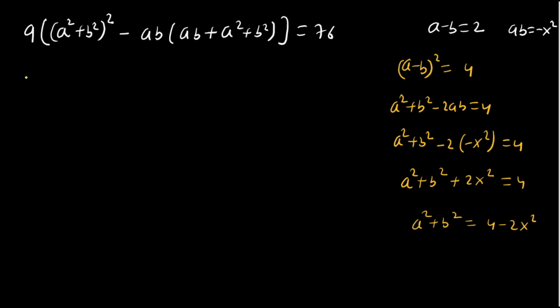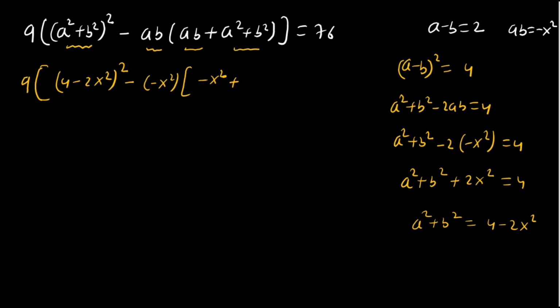Now 9 times a square plus b square is replaced by 4 minus 2x square, and then whole square, minus a times b is replaced by minus x square, plus a square plus b square is replaced by 4 minus 2x square, and this is equal to 76.